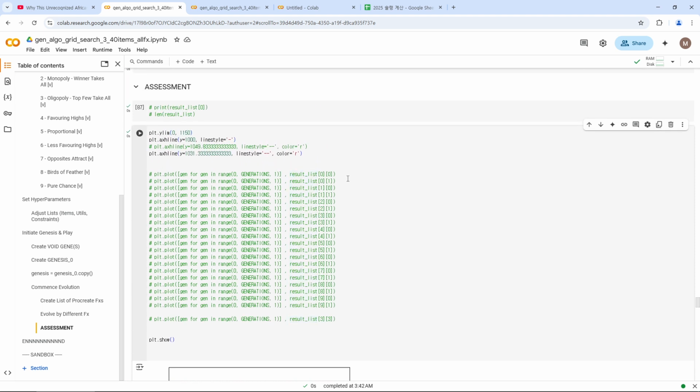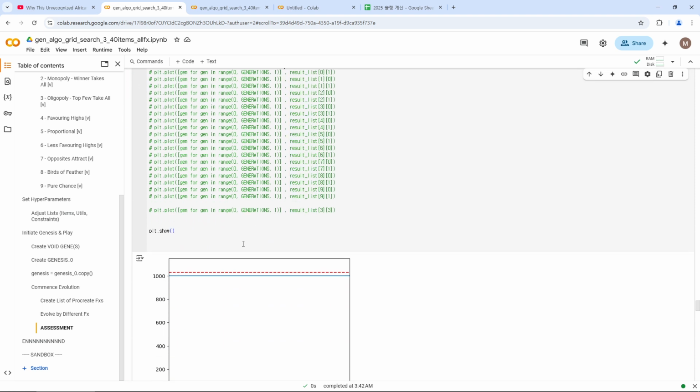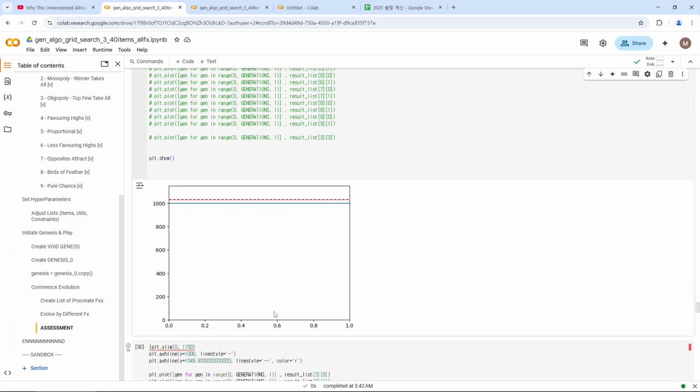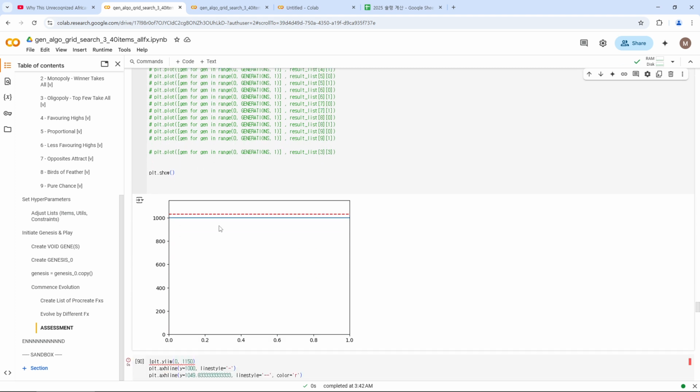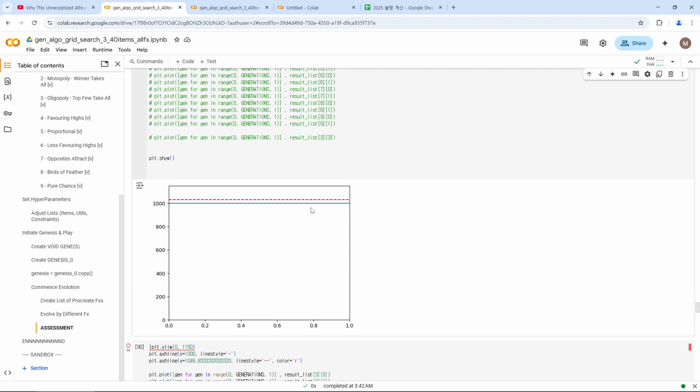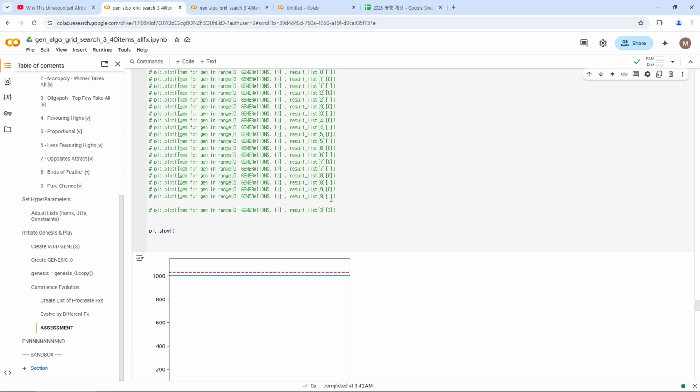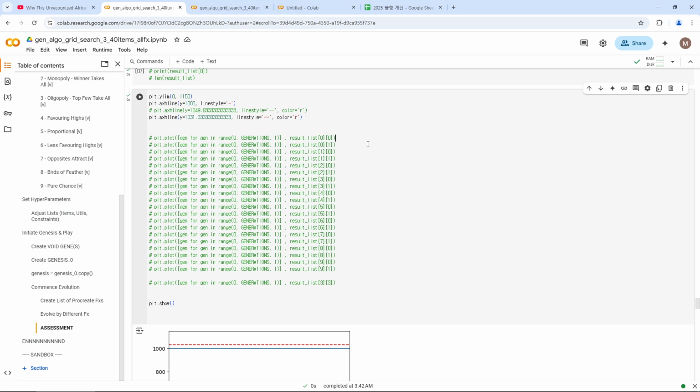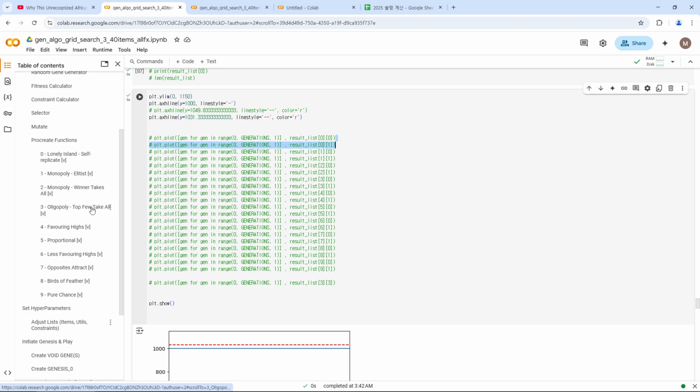And this time I fixed the x-axis and the y-axis so that the plot stays the same in terms of scale. So these two that I'm going to uncomment are the results of the first two runs when I used the Lonely Island, the self-replicate procreate function.